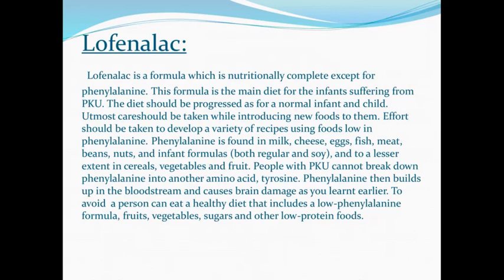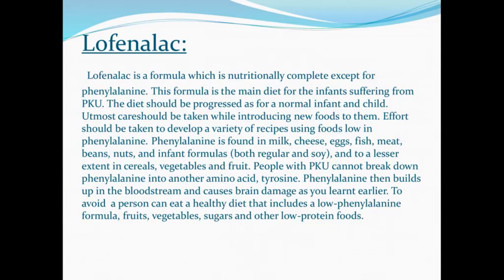People with PKU cannot break down phenylalanine into another amino acid, which is tyrosine. So phenylalanine then builds up in the bloodstream and causes brain damage, as you learned earlier.